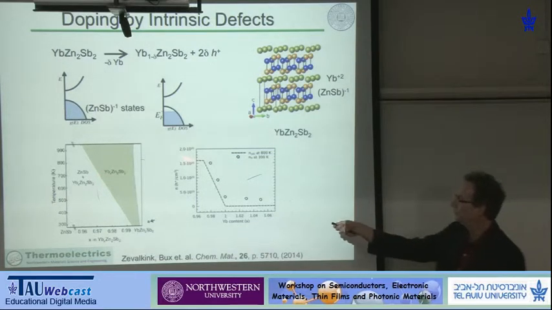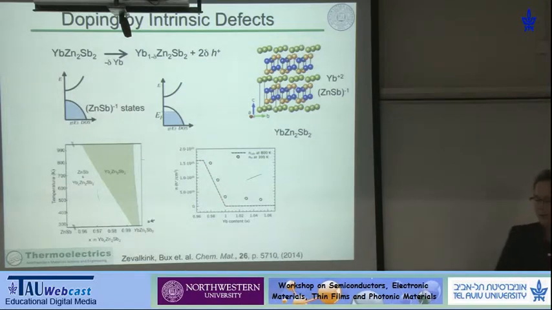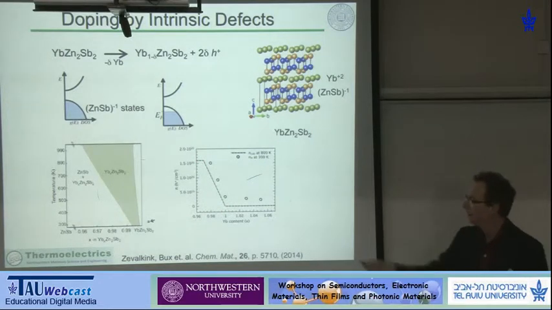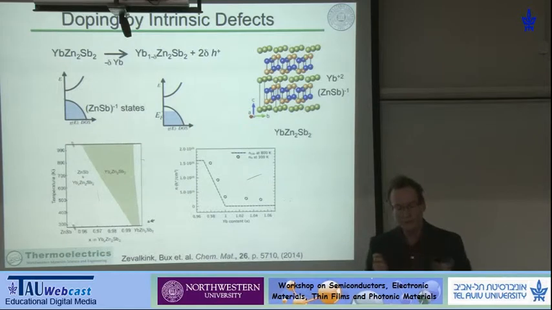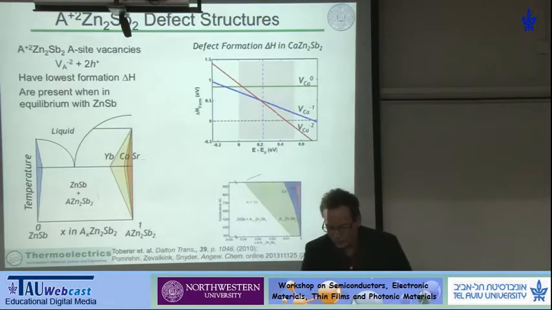And so now we have some recent data that shows that, yes, indeed, we can adjust carrier concentration between 10 to the 20 and into the 10 to the 19s by moving within this shaded region.